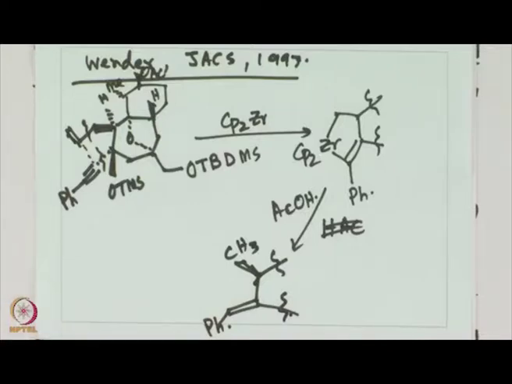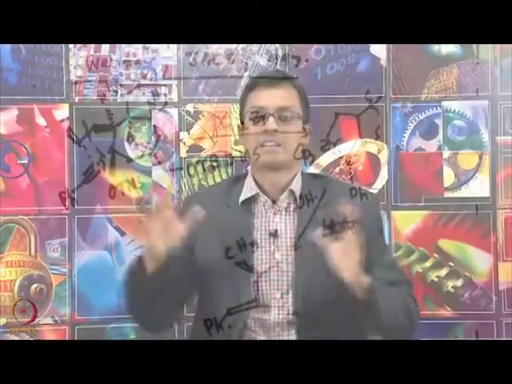Well, this is a very powerful technique. As you can see, the chemistry is very simple. You have an ene and a yne, that is one ene and one yne, one olefin and one alkyne.